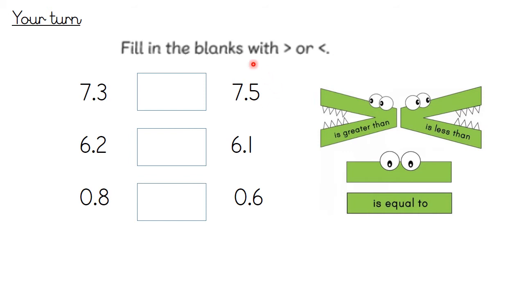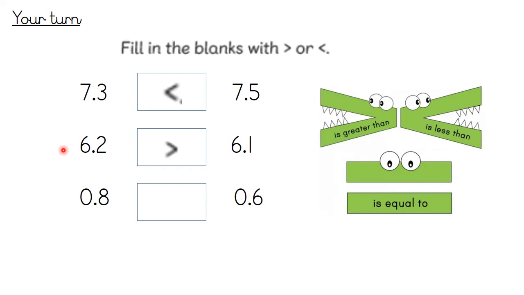We know that 5 is greater than 3. 3 is less than 5. So we will put in this symbol. So this tells us that 7.3 is less than 7.5, or if we read it the other way, 7.5 is greater than 7.3. Next one, 6.2 and 6.1.